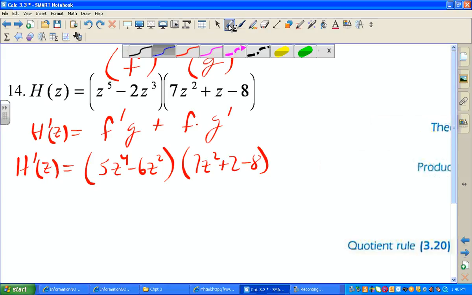That's the first two parts, that's the F prime G. Plus F, which is z to the 5th minus 2z cubed, times G, which is 14z plus 1.